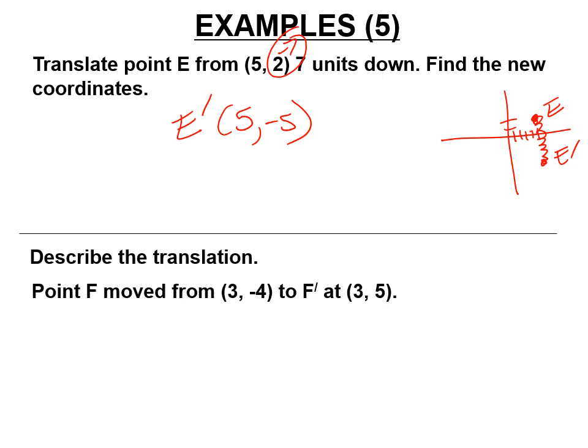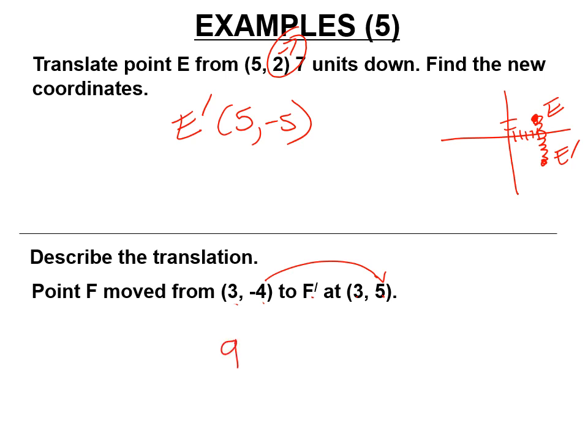Try this one. Pause the video. So point F moved from 3, -4 to F prime at 3, 5. So it went from -4 to +5. Well, what distance was that?